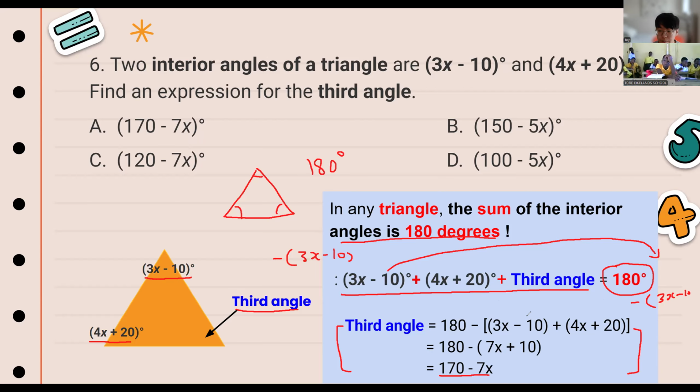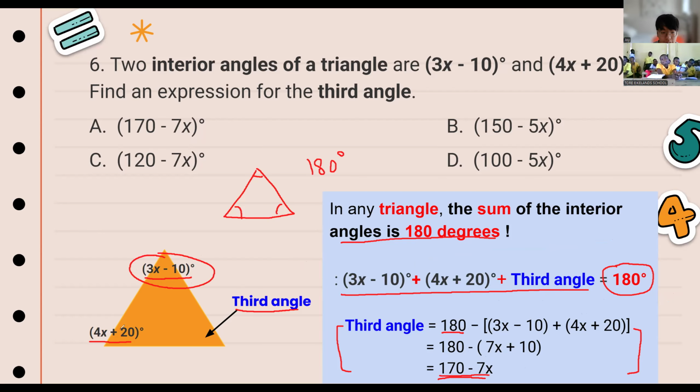We're subtracting them on both sides from 180. And if you do that, you get 170 minus 7x. Subtract 180 by these two angles.